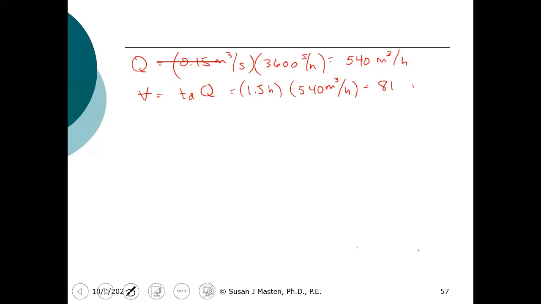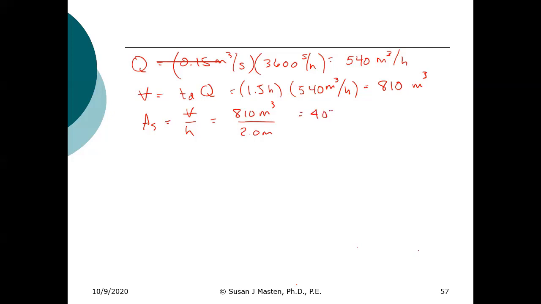So I have a volume of 810 cubic meters. My surface area is equal to my volume divided by my depth, and that is equal to 810 cubic meters divided by a depth of 2 meters, so that is 405 square meters.